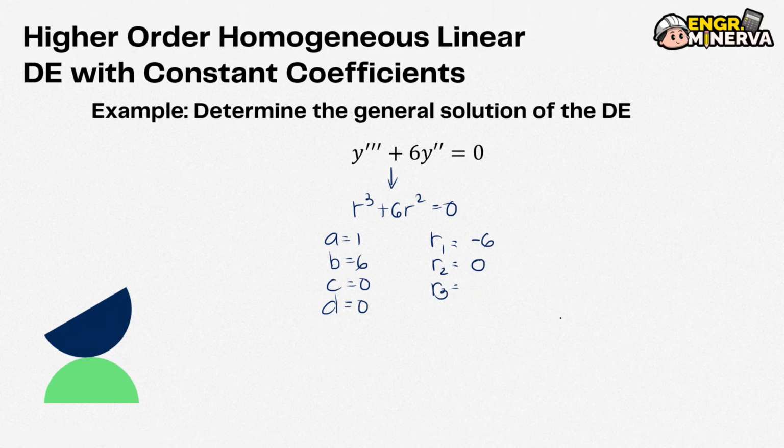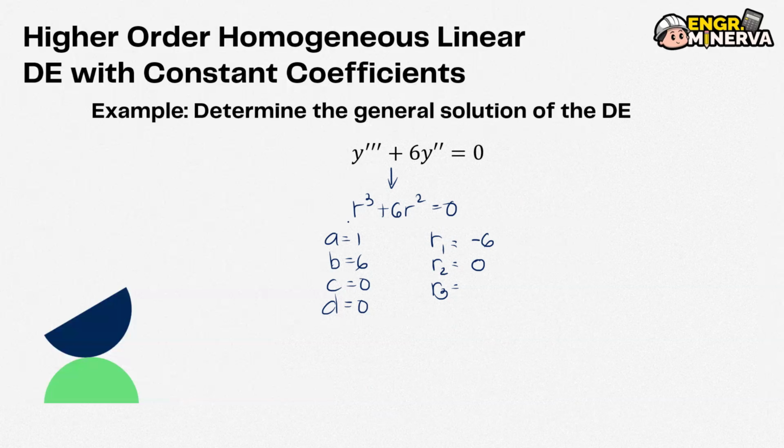How can we determine the last root that is repeating? Because once only two roots are displayed, then we need three roots. There is one root that is repeating. And we don't know if it is negative 6 or 0. So what do we need to do? We cannot use our tip anymore for the constant, because any number multiplied to 0 is 0.